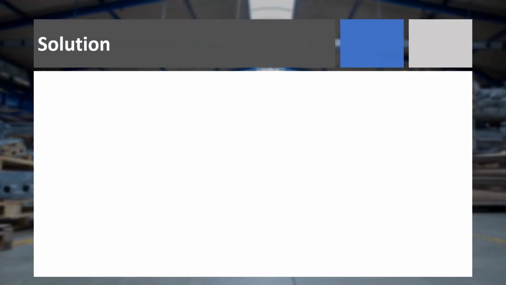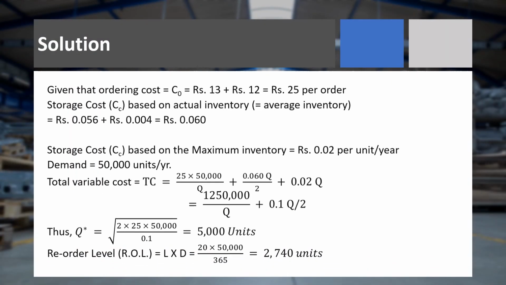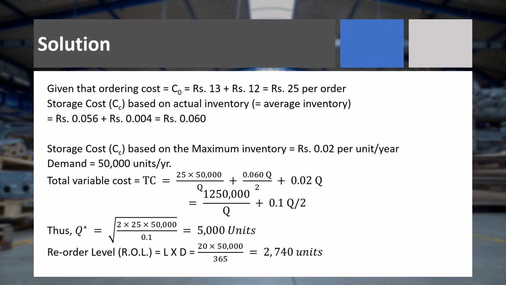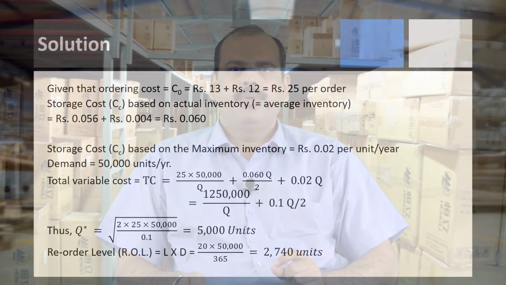So it's simple. Here you have ordering cost of 13 plus 12, that is rupees 25 per order. Storage cost based on actual inventory is 0.056 plus 0.004, which comes to 0.060. Storage cost based on maximum inventory is given as 0.02 per unit per year. Demand is 50,000 units per year.